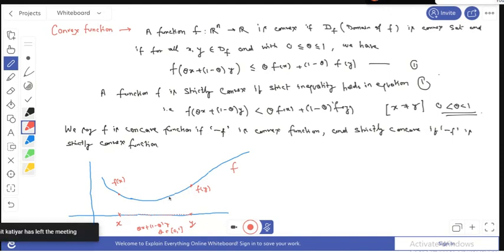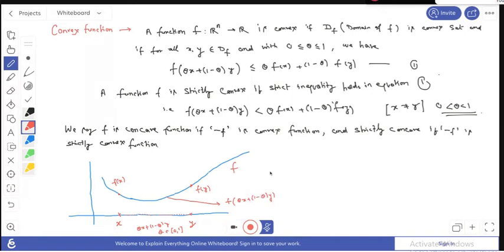So this whole collection over the line segment represents the nature of this function. So this portion is f of the image of this point, and this point is theta x plus 1 minus theta of y.